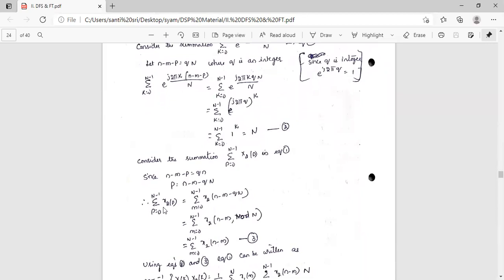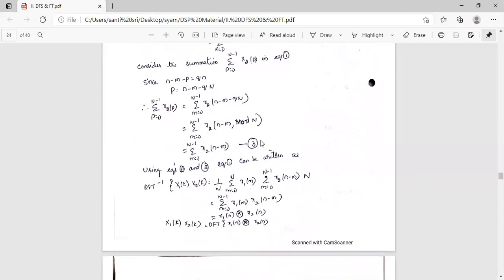Okay, so sigma p equal to 0 to N minus 1 x2 of p is equal to sigma n equal 0 to N minus 1 x2 of N minus m minus qN, or x2 of (n minus m) mod N, or it is sigma n equal 0 to N minus 1 x2 of n minus m. Let it be considered as equation number 3.